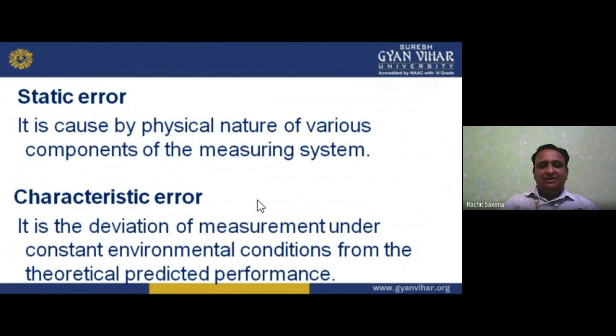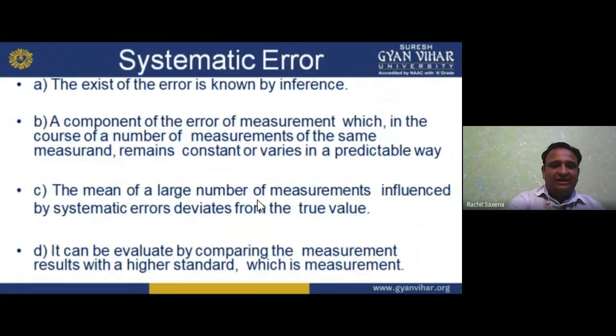Characteristic error is the deviation of the measurement under constant environmental conditions from the theoretical predicted performance. So we have static error, characteristic error, then dynamic error, loading error, systematic error, and random error.